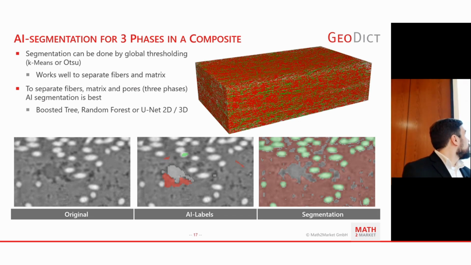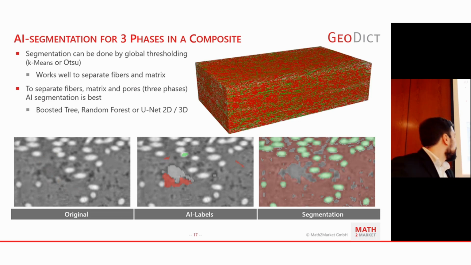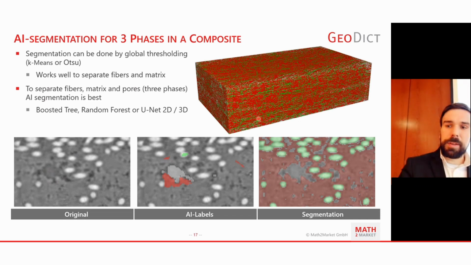But for cases like this, where you have a lot of these pores that have basically the same gray value, maybe I use that pointer so the online people can see it too, where you have pores like this, where basically the center area has the same gray value as the matrix material in this case around here, and only the edges give a real contrast, then simple thresholding won't do it. And this is where the AI segmentation in this example shines, and you get a nice segmentation where the pores are segmented from the matrix and the fibers.